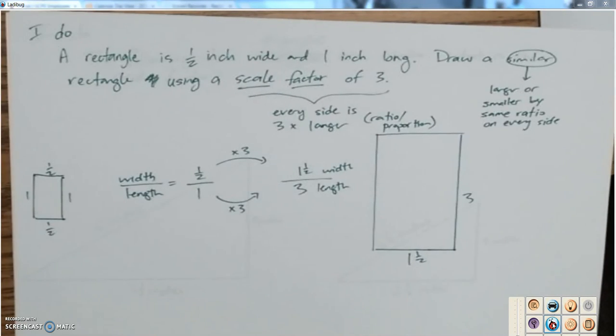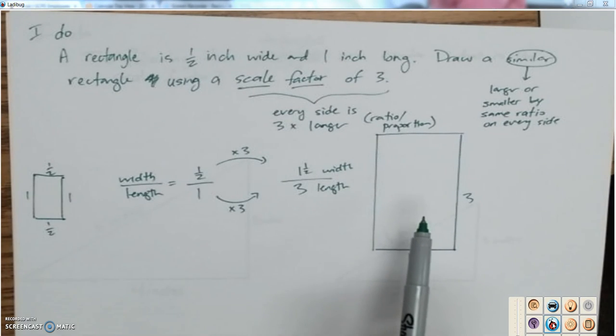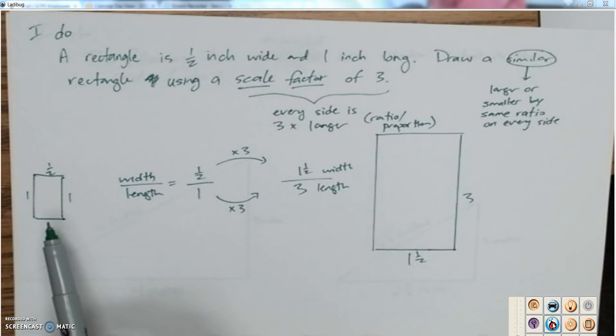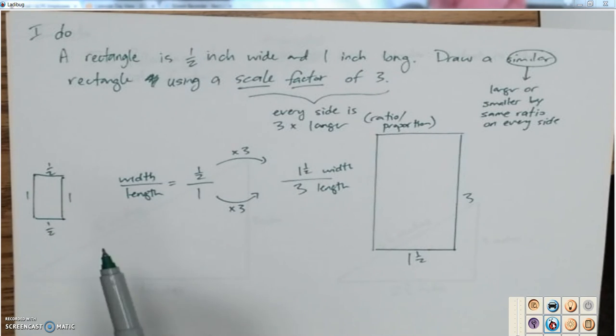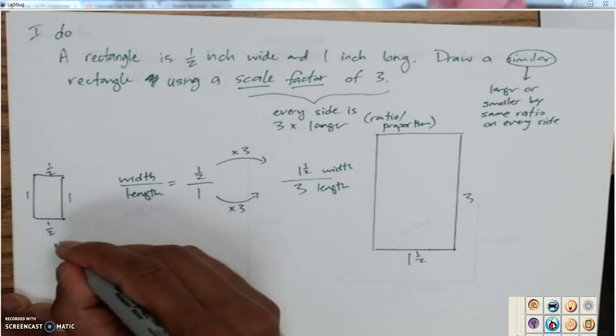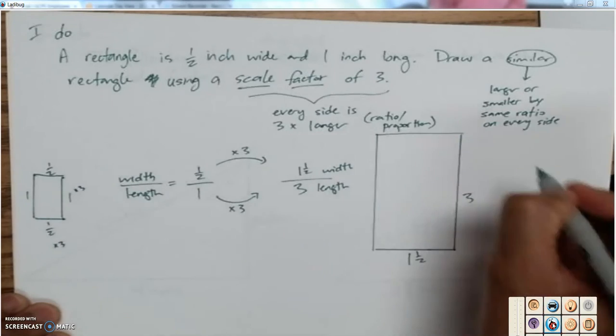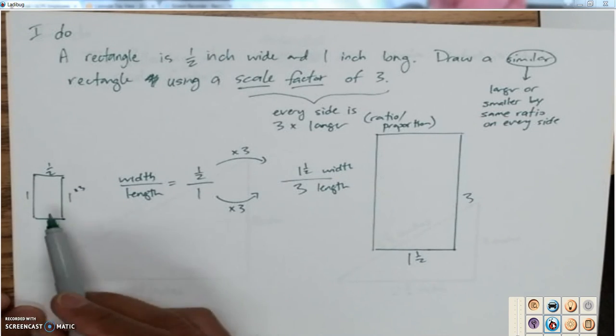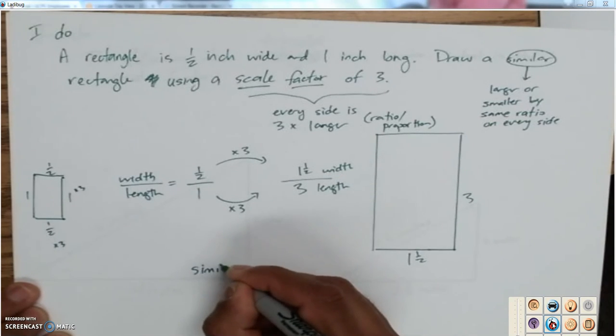And if you look at those rectangles, they are in proportion to each other. It's not like this one's tall and thin and this one's long and short or anything like that. It's just a scaled up version. I took this times 3 times 3, and I ended up with my new rectangle. So those are called mathematically similar.